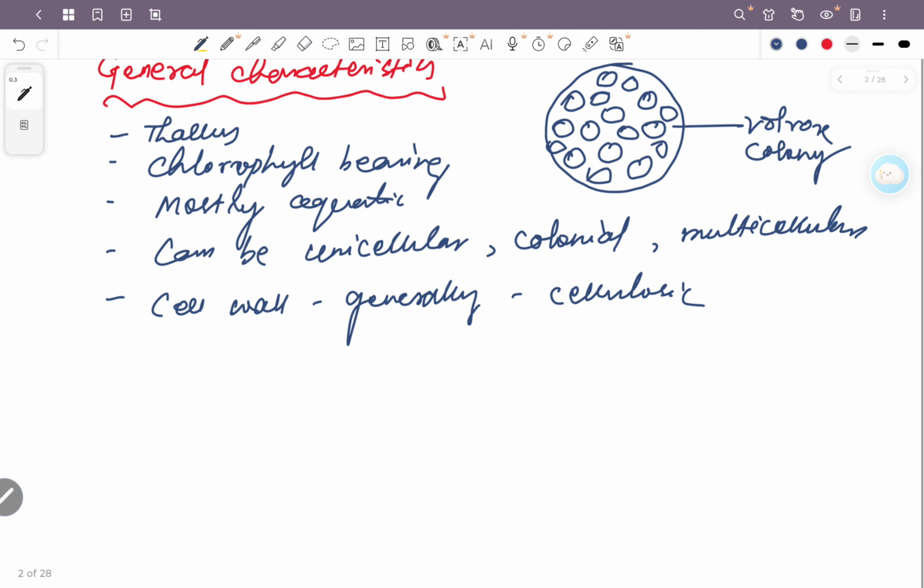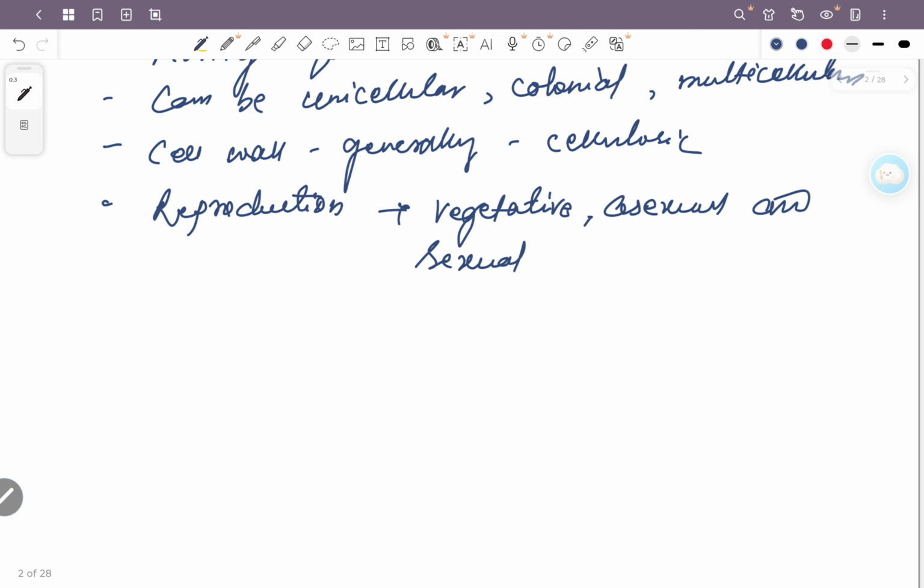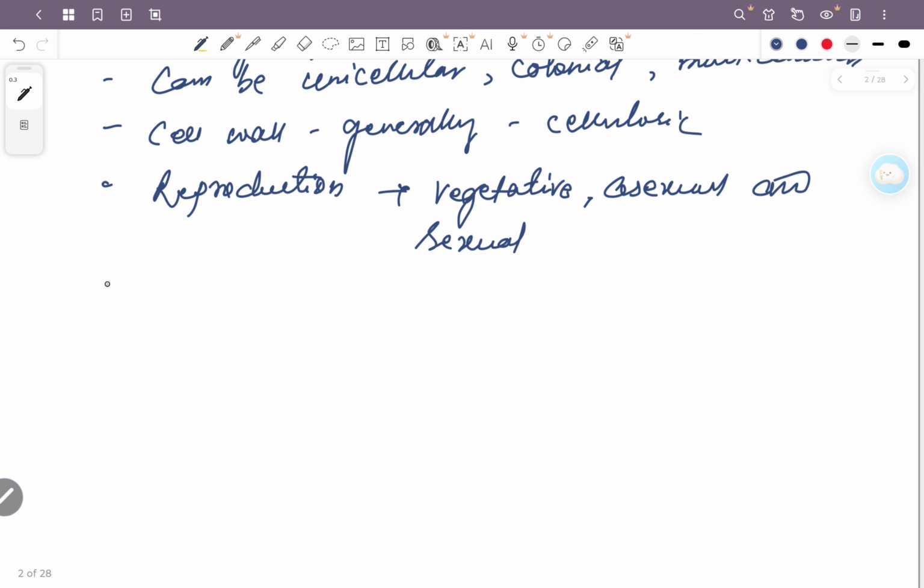Okay, and reproduction is vegetative, asexual and sexual. By all these three methods they can reproduce, and they produce oxygen during photosynthesis.